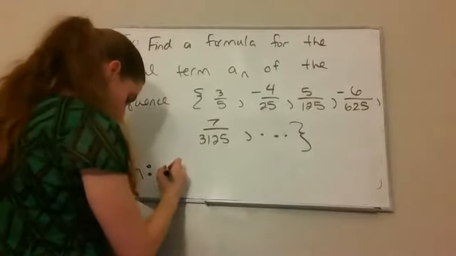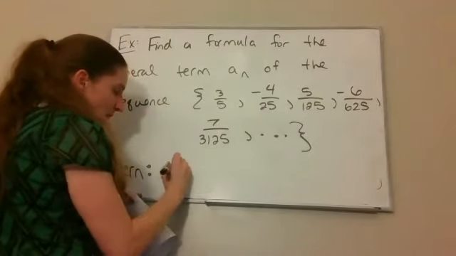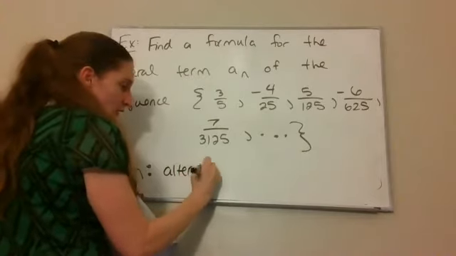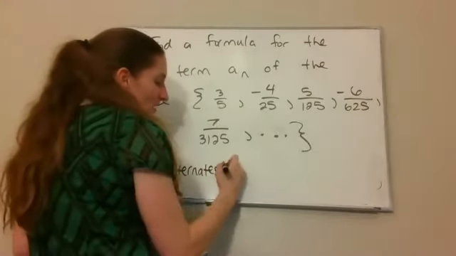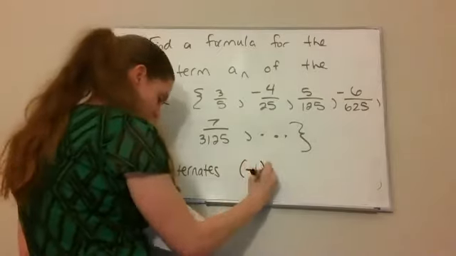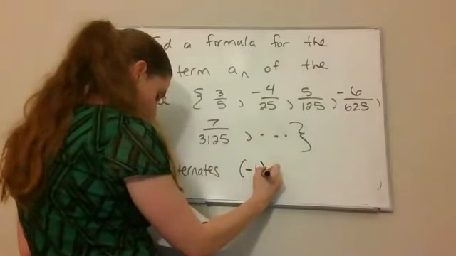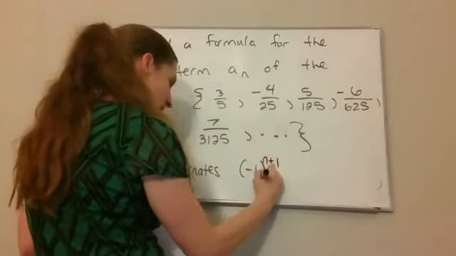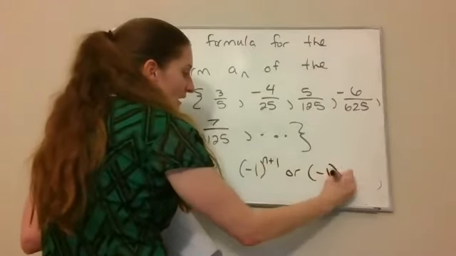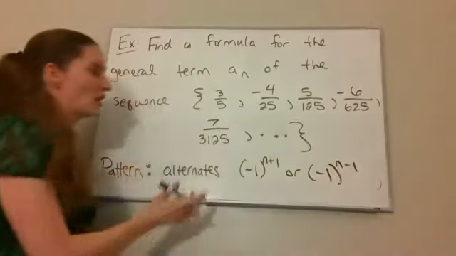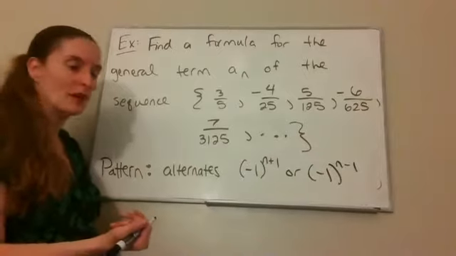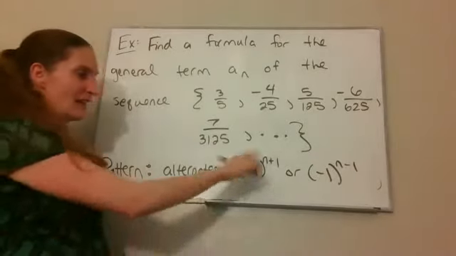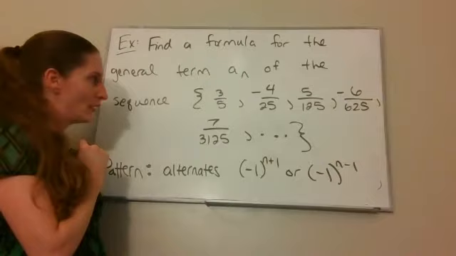So it alternates in sign. And that means I'm going to need either a (-1)^(n+1) or a (-1)^(n-1), because when I plug in a 1 for my first term, I should have something positive. So I need an even power on my -1.